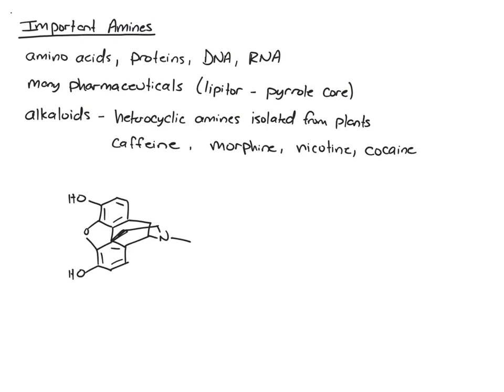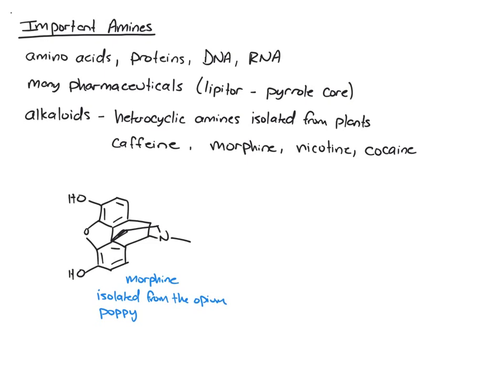So here's morphine. And morphine is isolated from the opium poppy. Now, while this is a natural product, it's frequently used in medicine, and the amounts needed for medicinal purposes can't all be isolated naturally, so there are also synthetic routes to make morphine synthetically.